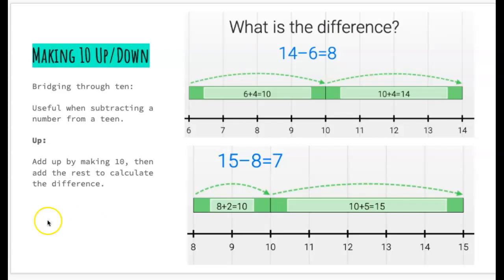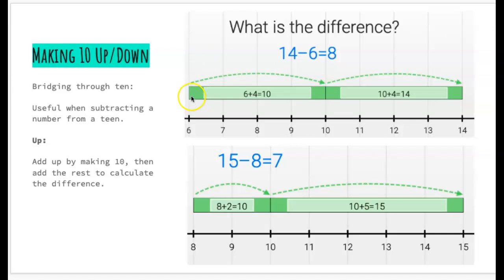We can also solve by adding up to make 10 and then adding the rest to calculate the difference. Here we're going to solve the same two problems, but we're going to add up this time by making 10, and then we'll add the rest and calculate the difference. So here we're looking at the difference between 14 and 6.